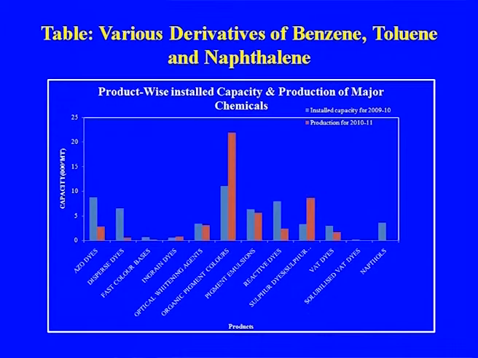These are also various derivatives of benzene, toluene, naphthalene, which are the major chemicals used in making a number of dyes, the azo dyes, disperse dyes and others. So, these dyes are consuming the raw materials benzene, toluene or naphthalene.